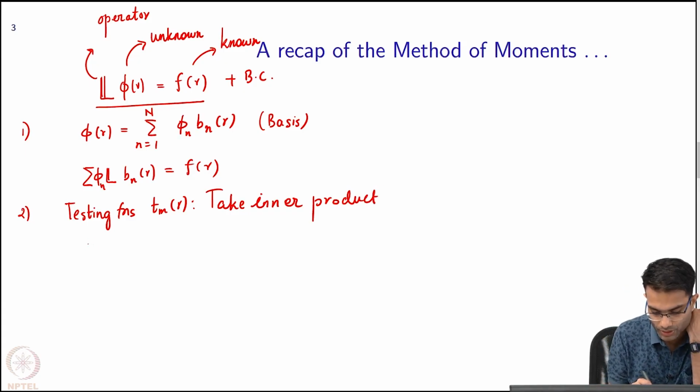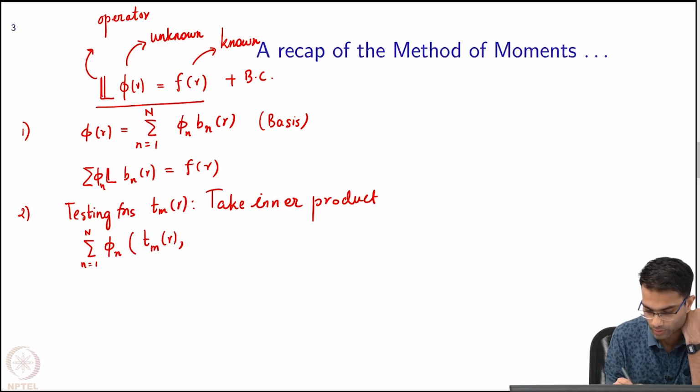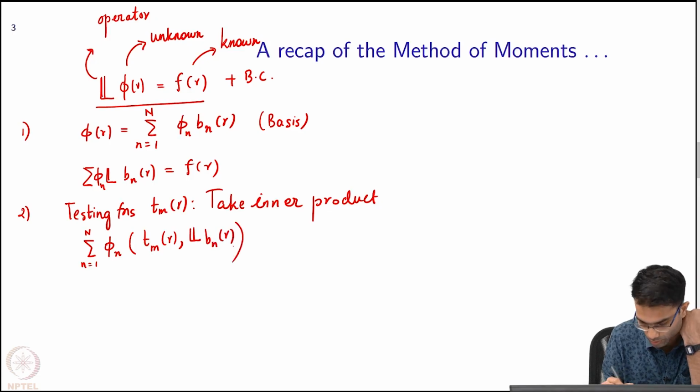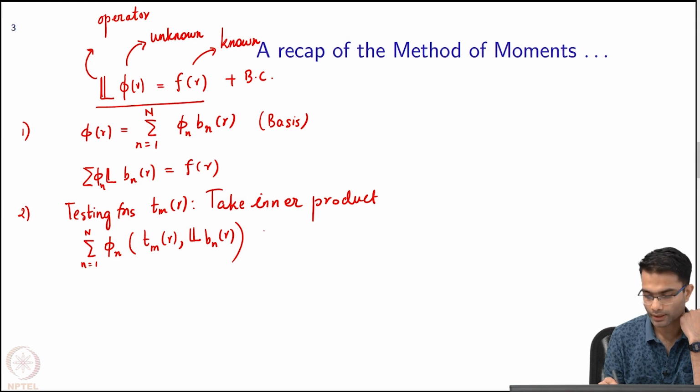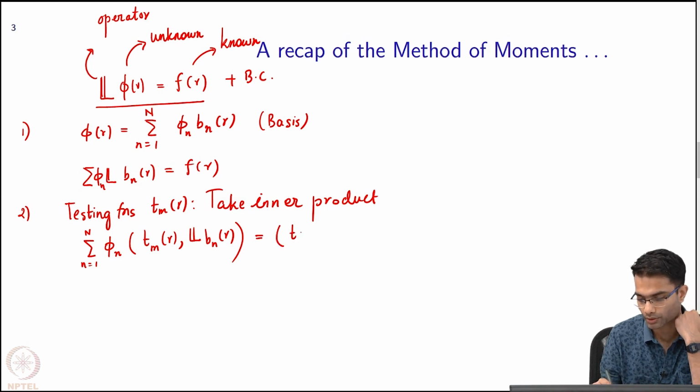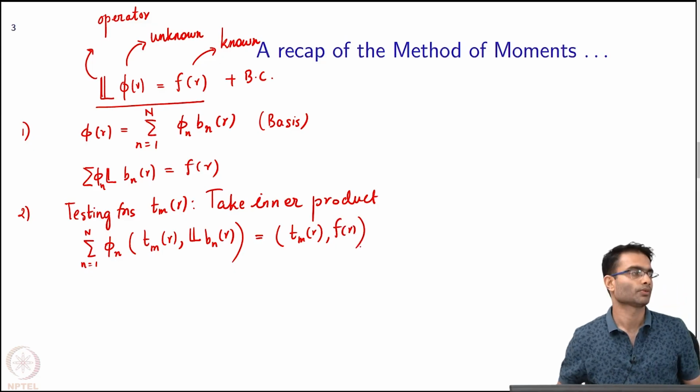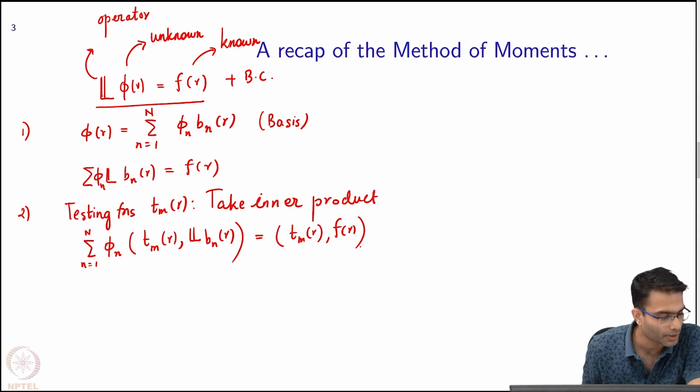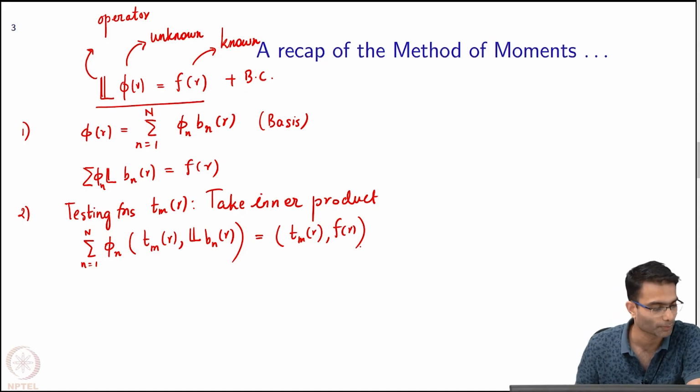This summation stayed outside, right. This is n is equal to 1 to n. Okay. Phi n is a number that is constant, and here is where the testing function came. That is the left hand side, and right hand side simply became the inner product of the testing function with f, right. So, this part is sort of familiar to all of you, right.